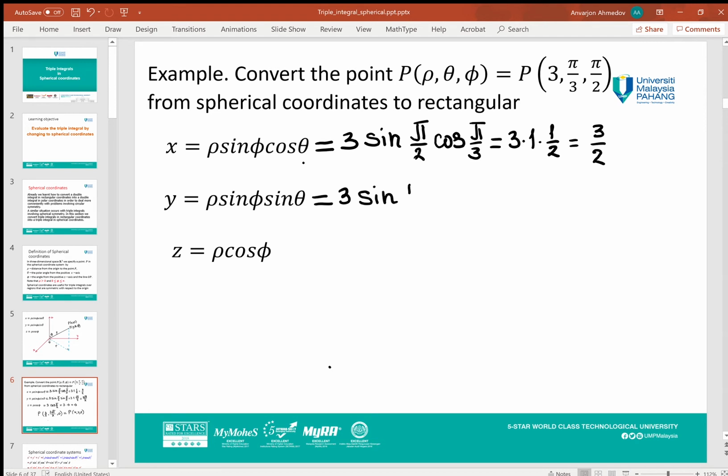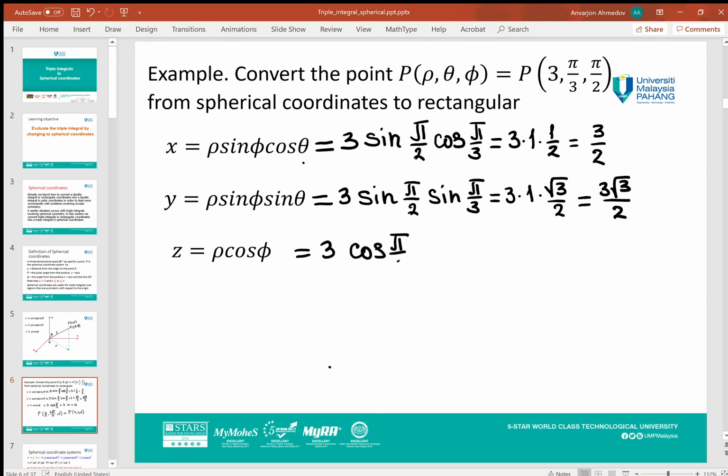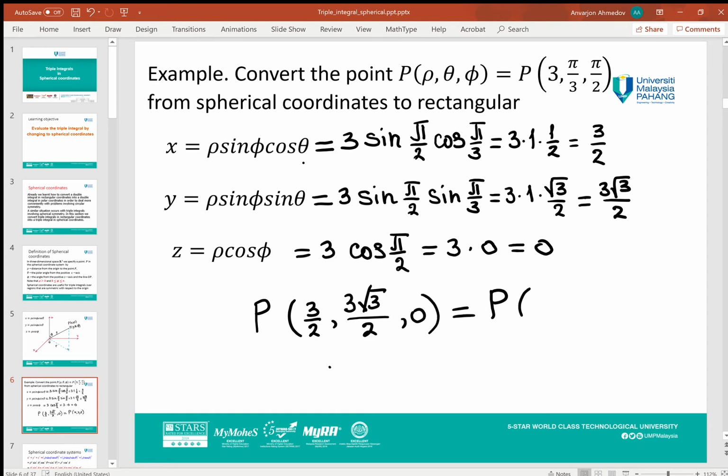Similarly, we can calculate the y value by substituting rho, phi and theta into the formula, which gives 3 times root of 3 over 2. And the z value will be 3 times cosine pi over 2. Cosine pi over 2 is 0, so z will be 0. In this way, we obtain the point P in rectangular coordinates.